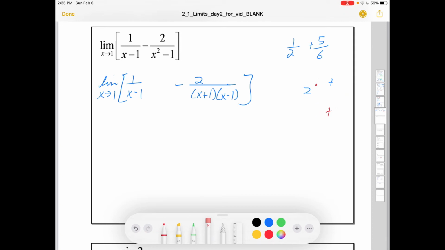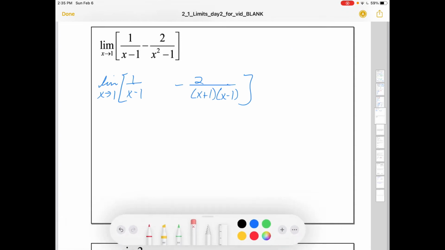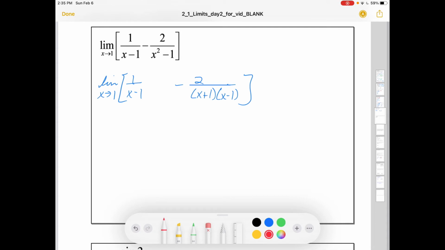It's the same idea here. We want to get a common denominator. We can see that both of those denominators have an x minus 1 bracket. What is the first one lacking? Well, it's lacking an x plus 1. So we think about all these things as being in brackets when we multiply them through.